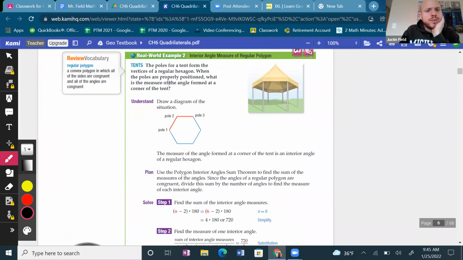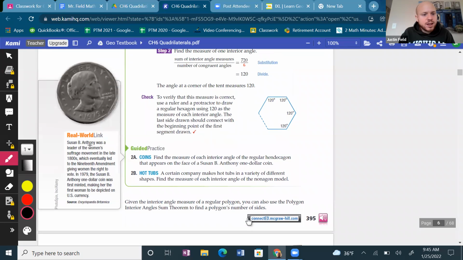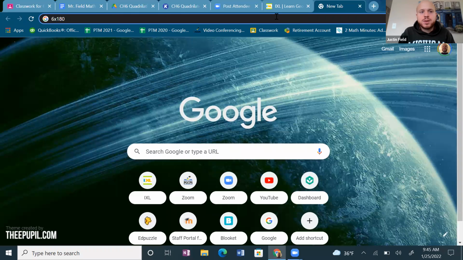So what is this one? Interior, okay, real life. Coins. Find the measure of each interior angle of a regular pentagon that appears on the face of a Susan B. Anthony $1 coin. What in the world is a pentagon? Let's all look that one up together.